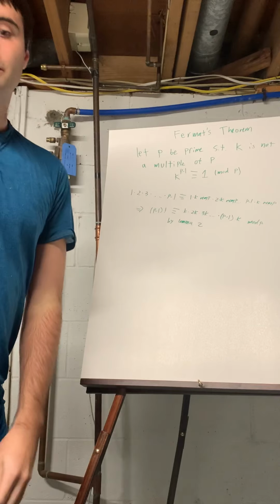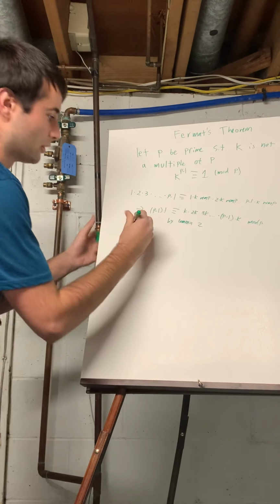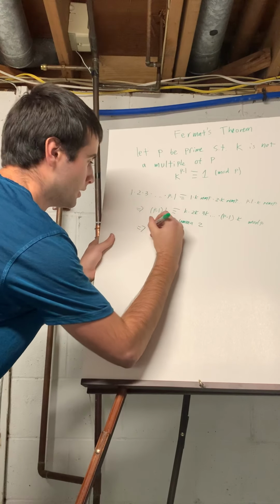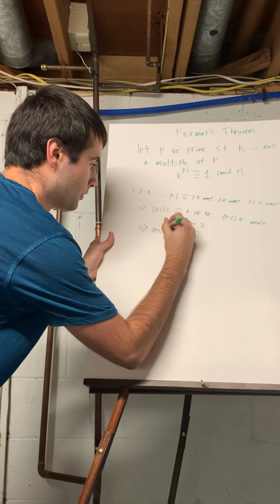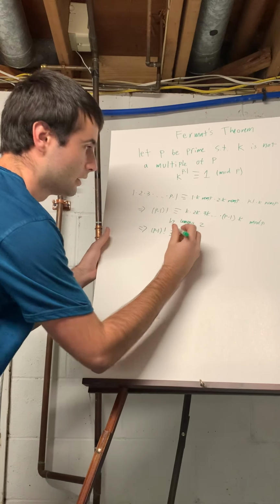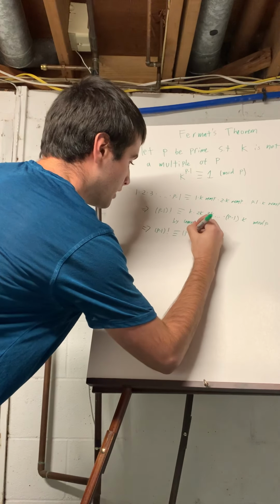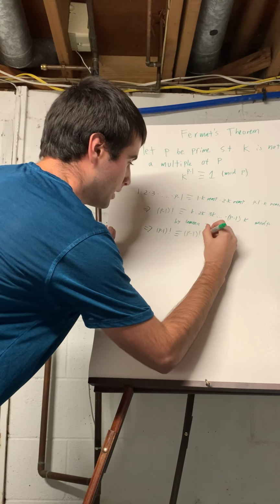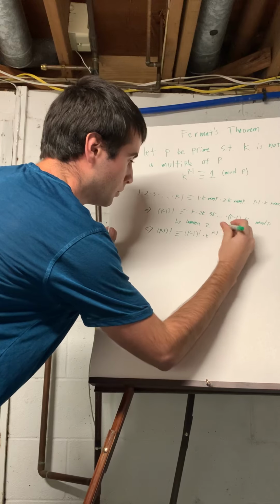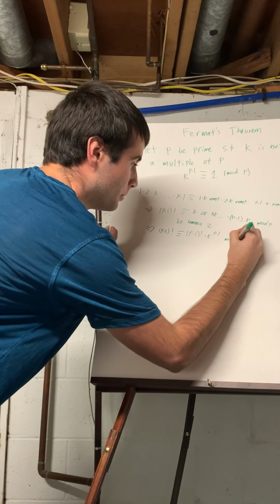Okay, so from there, we can rewrite this to say that p minus 1 factorial is congruent to p minus 1 factorial times k to the p minus 1 mod p.